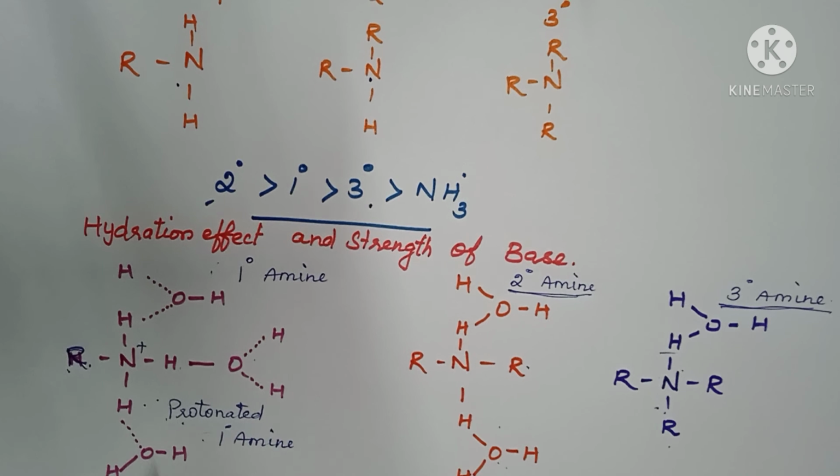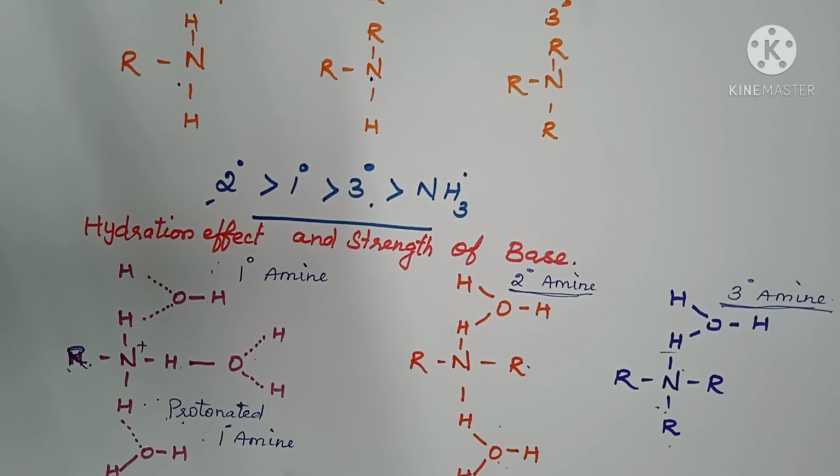That is one point: small size and maximum number of hydrogen bonds with water is possible. But in tertiary amines, a minimum number of hydrogen bonds is possible because hydration effect is very less in tertiary amine. So I'll give you a simple idea about this.